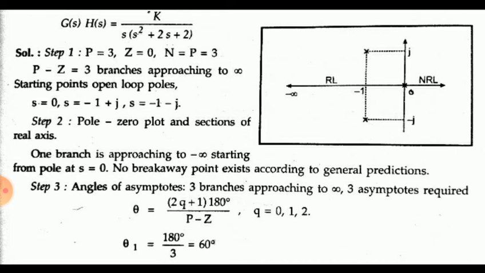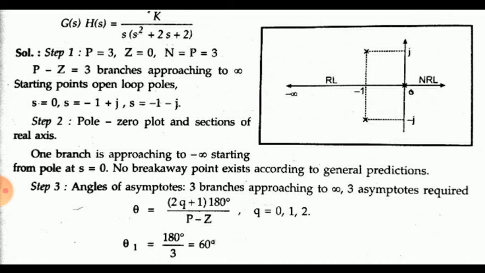Starting points are the open loop poles. If you see the poles and the zeros, you have to find out the roots. So the poles will be s equal to 0, and you have to solve the equation s square plus 2s plus 2. You have to find out the roots of that equation. You will get s equal to -1 plus j and s equal to -1 minus j.